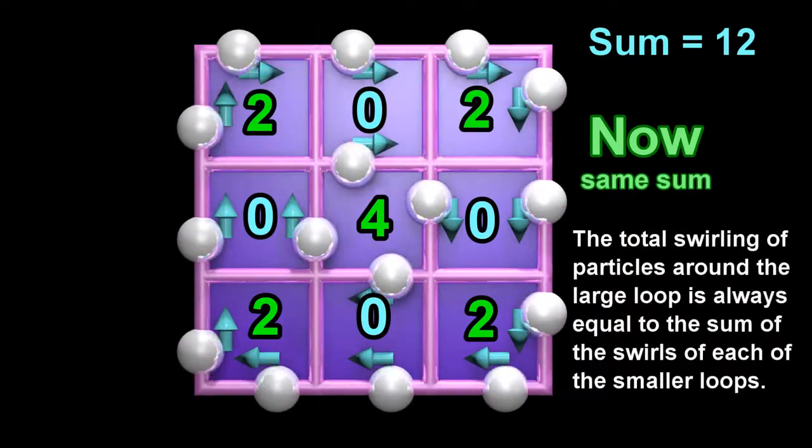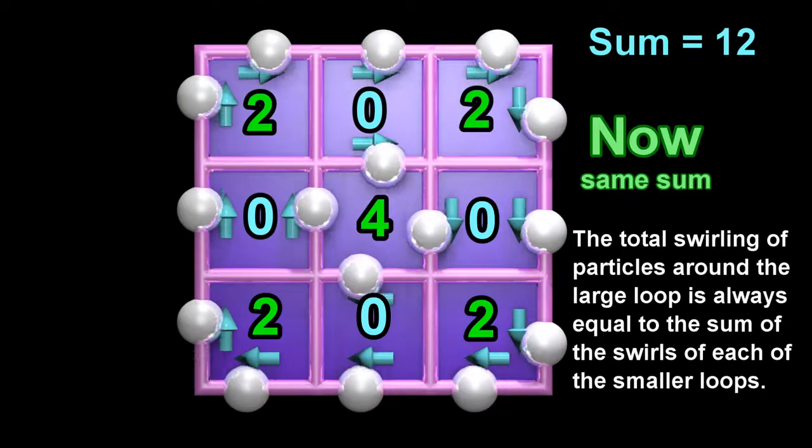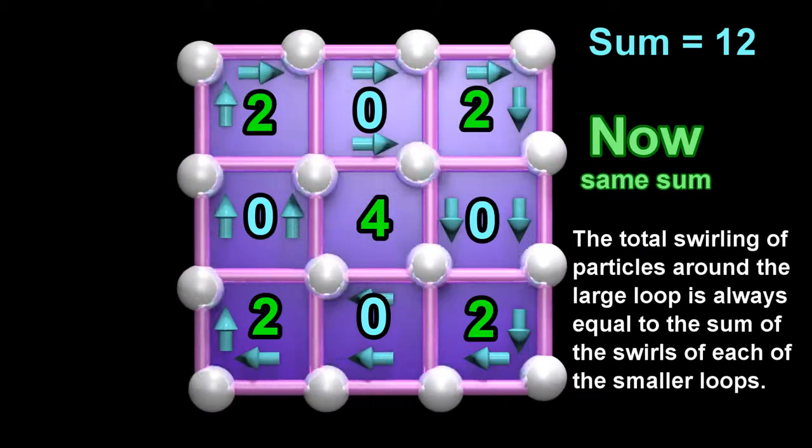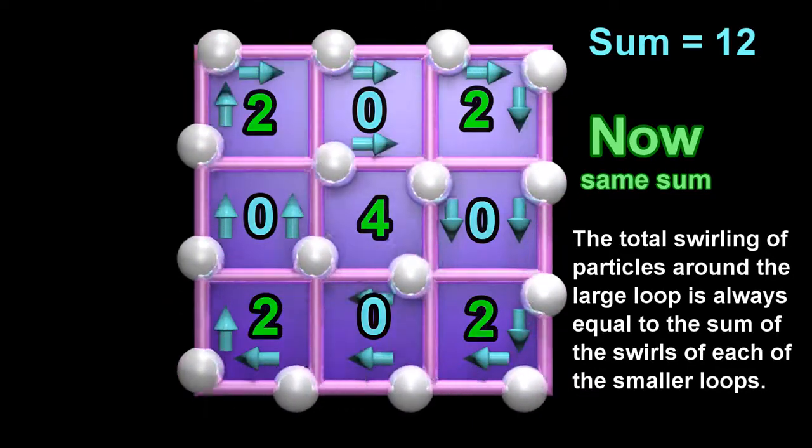The total swirling of particles around the large loop is always equal to the sum of the swirls of each of the smaller loops.